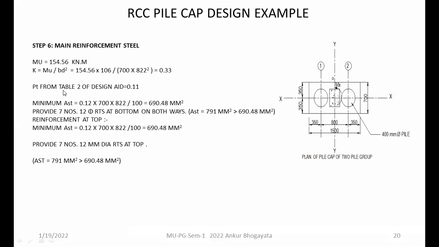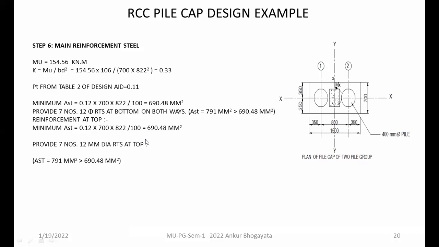Here there is an option, it's up to you. In the examination you will be allowed to use the design aid also, or you can use that very well known equation, direct area of steel is equal to 50 into PT, right? You know that relationship very well. So it's up to you which equation you want to use for calculation of the area of steel.